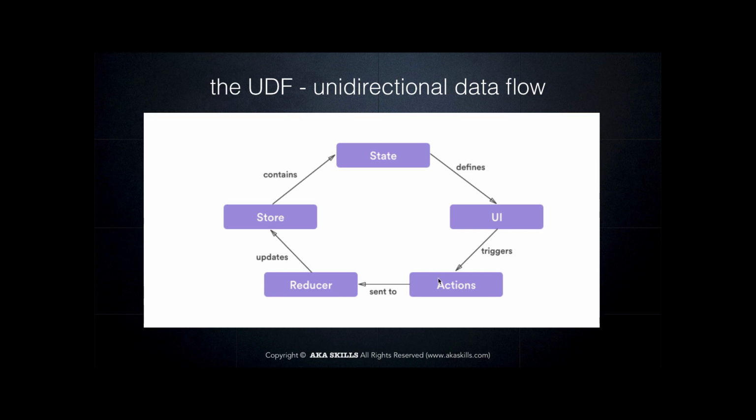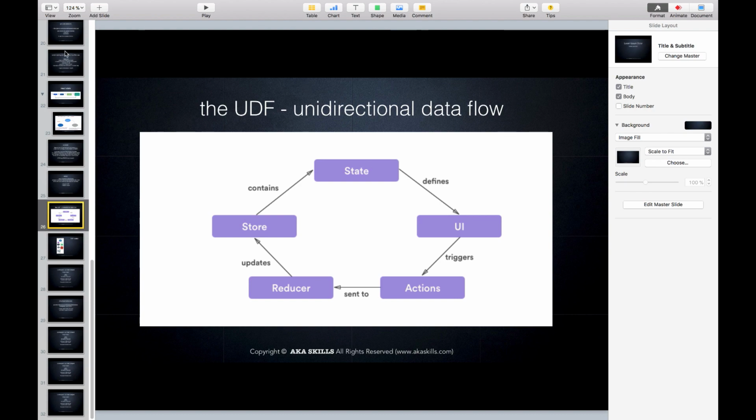But now we want to go through the whole unidirectional data flow cycle, the React Redux pattern, where we create an action, this action passes through a reducer to the store, and the store updates the state, and after the state is updated, we see our UI. So this is the approach that we would like to take now.